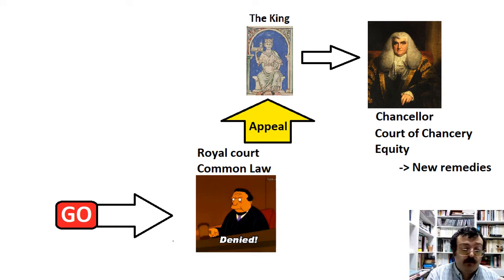The king would defer the case to the chancellor, and then the chancellor himself, or later on the court of chancery, would apply equity principles on the case, including new remedies. For instance, in the same example, in the case of non-performance of the other party in a contract, equity would allow an order of direct performance or performance in nature.